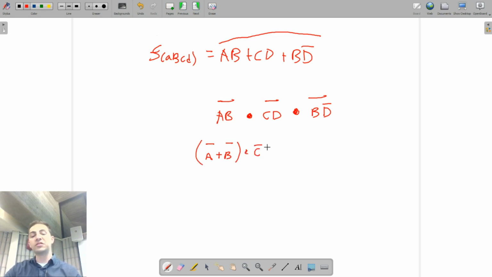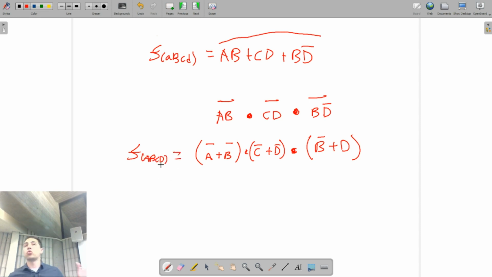This term is going to become C bar or D bar. This term is going to become B bar or D double bar, or written another way, B bar or D. And I just made one tiny error there. That should be ANDed.